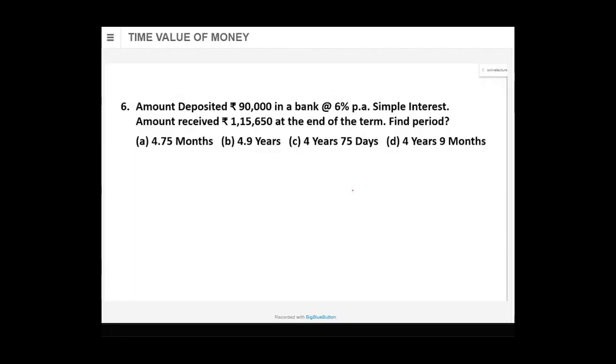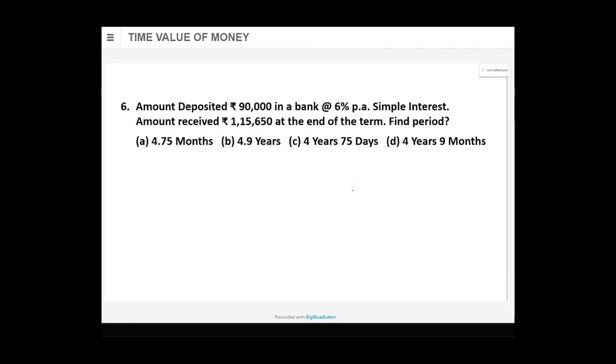Amount received rupees 1,15,650 at the end of the term. So 1,15,650 is your A. Find the period, that is the time. A, B, C, D options are given. I'm waiting.